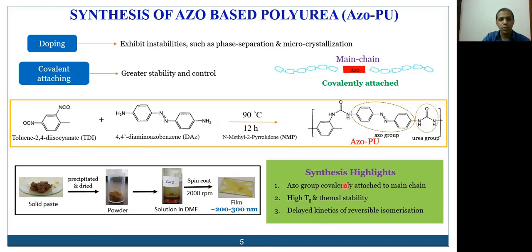So attaching azo group covalently to the main chain gave the polymer a high Tg and thermal stability. And it also offers delayed kinetics of the reverse cis to trans isomerization, which is useful in case you want to retain the cis isomer intact for a longer duration.